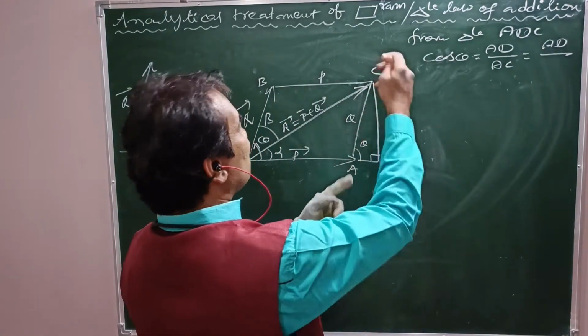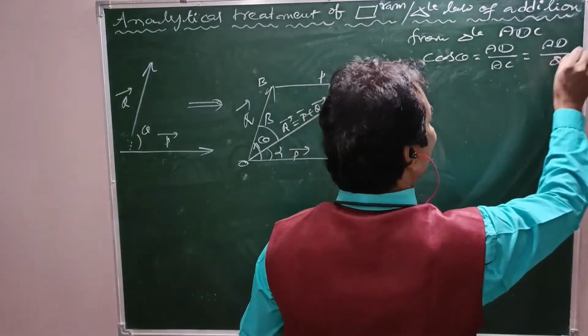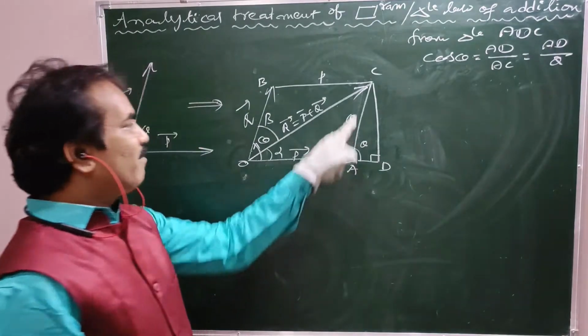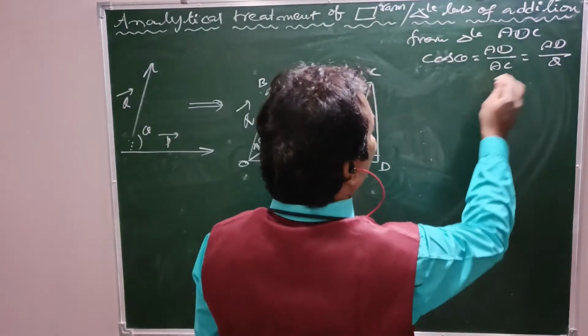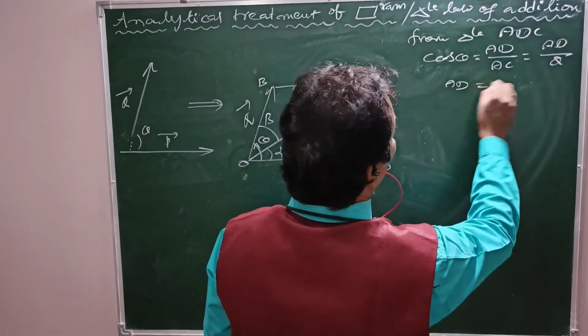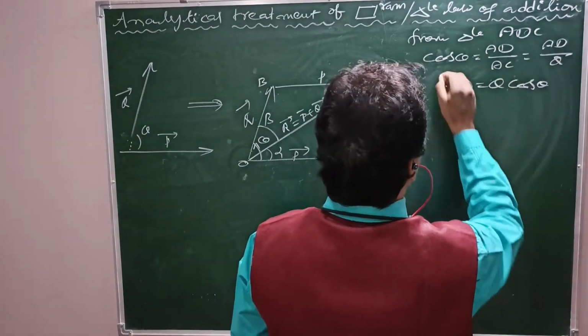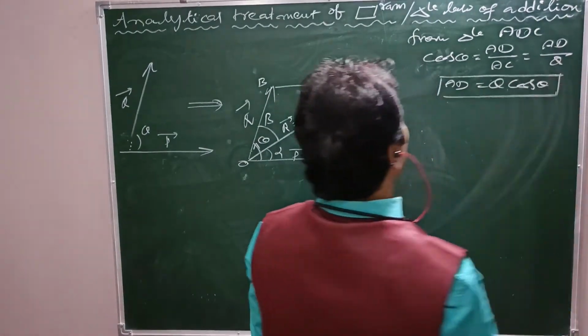What is AC? AC bar means Q bar, but AC means Q. Now what about AD? AD equal to Q cos theta.